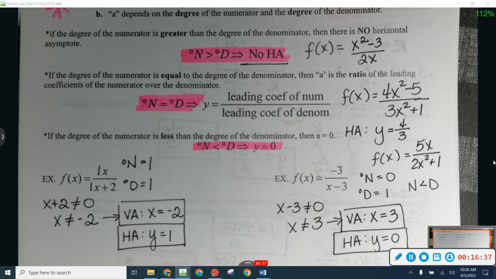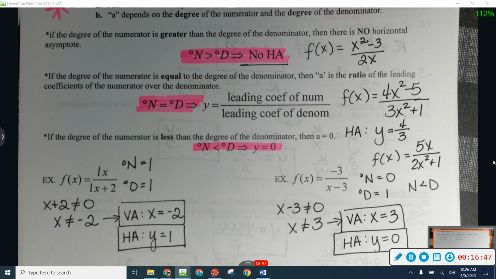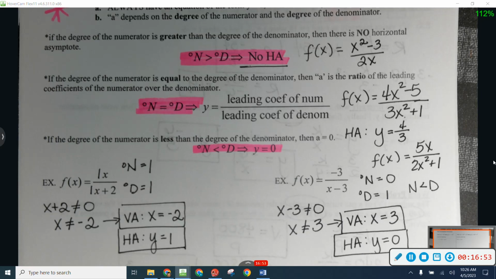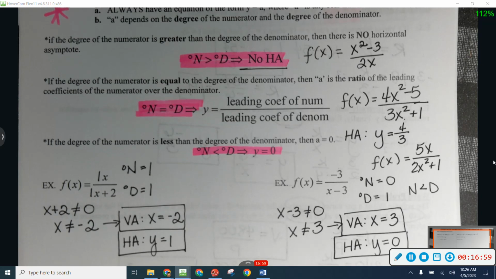A vertical asymptote comes from the restriction on the domain. So I'm not going to have that no matter what. I will have an asymptote that I can't cross. But a horizontal asymptote is just based off the degrees of your numerator and your denominator. That's not a restriction necessarily. So next lesson we're going to learn you can cross horizontal asymptotes because the mathematical definition is not that broad description I just said.